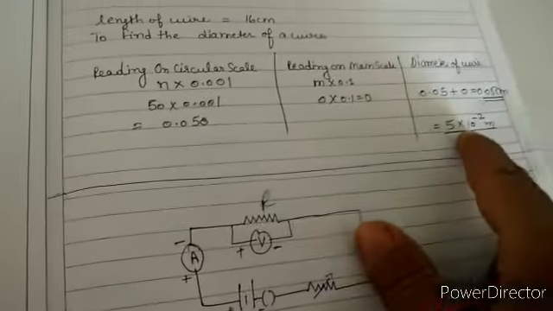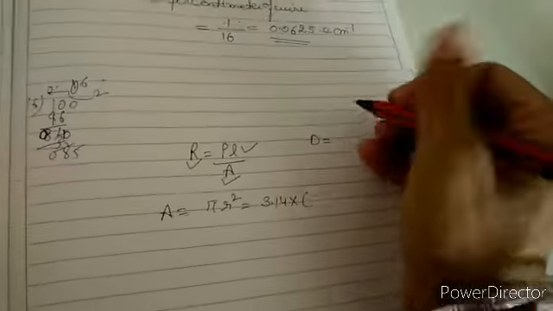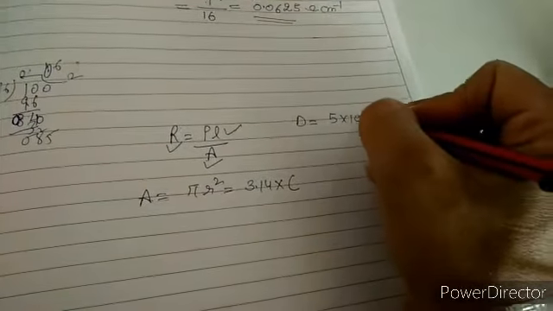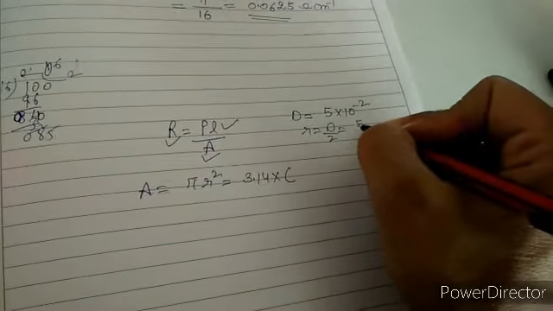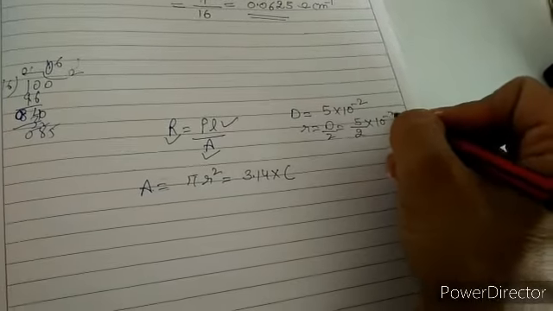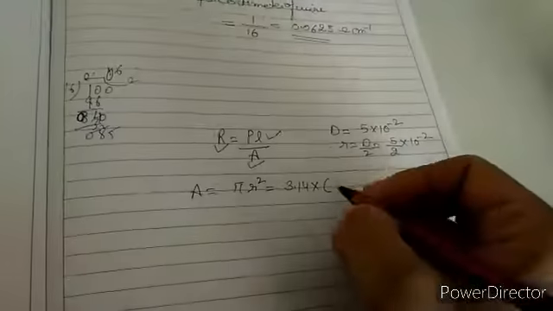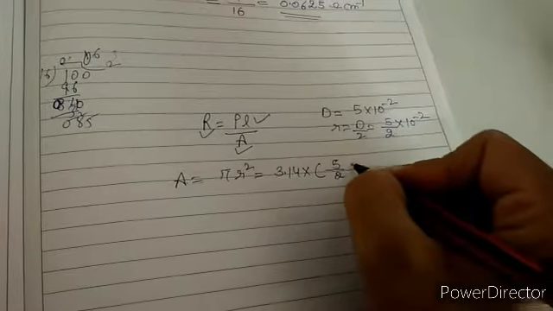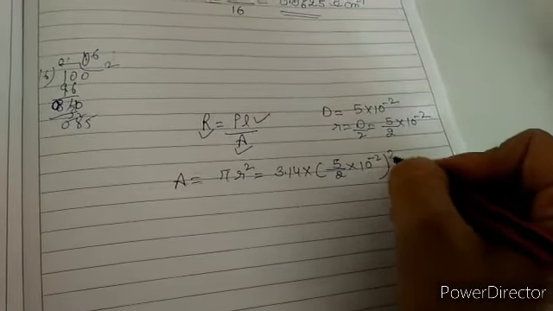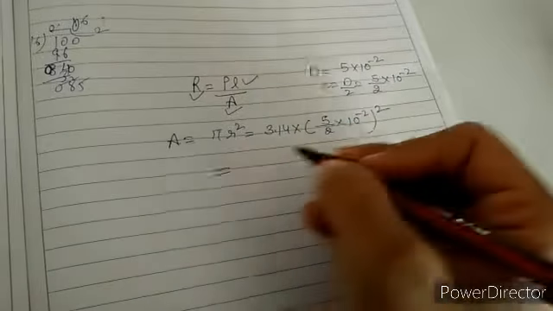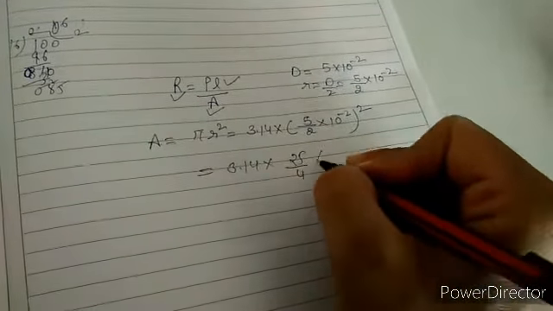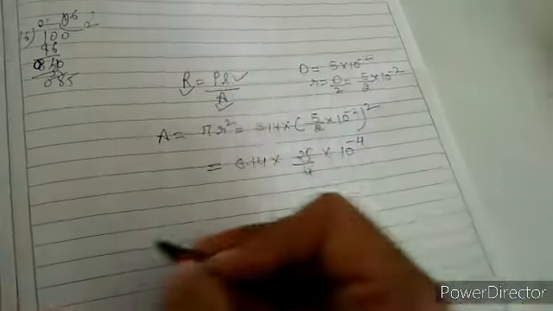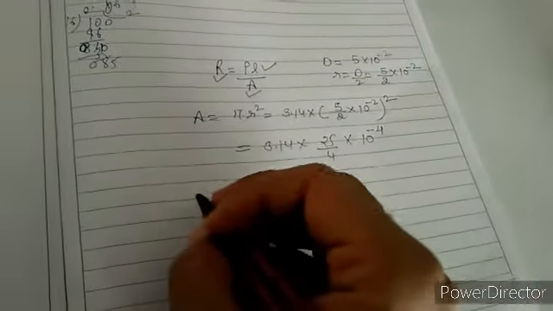Diameter is equal to 5 into 10 raised to power minus 2, and radius will be d by 2, that is 5 by 2 into 10 raised to power minus 2. So we will put this value in area: 3.14 into 25 by 4 into 10 raised to power minus 4. So this is the area.